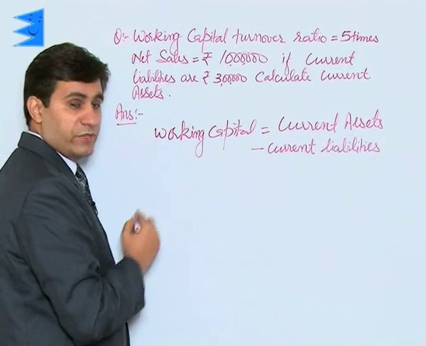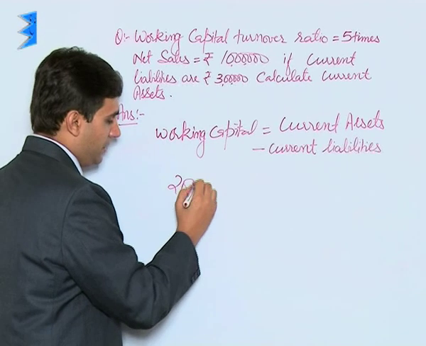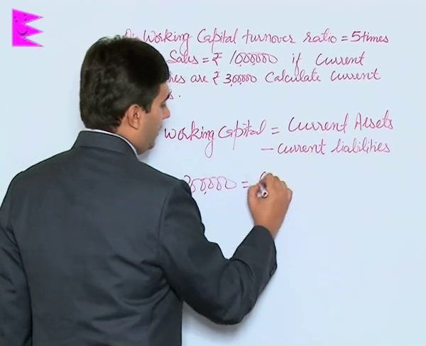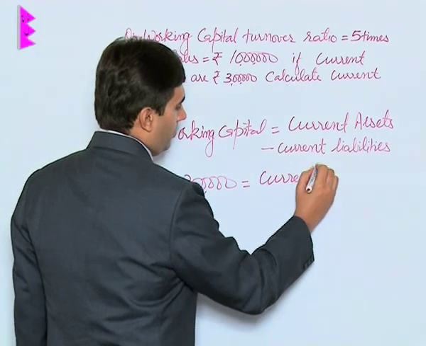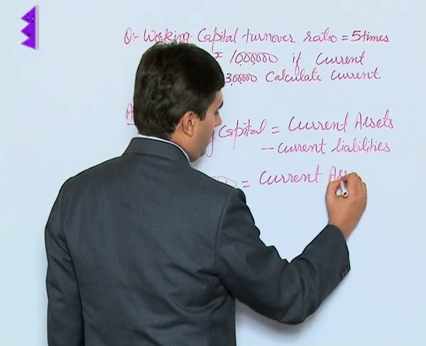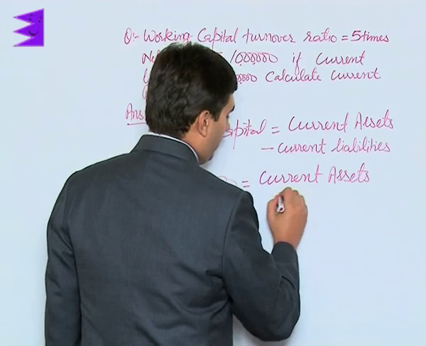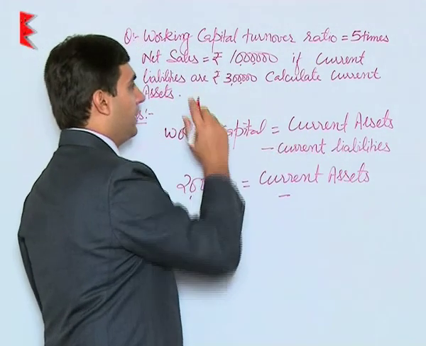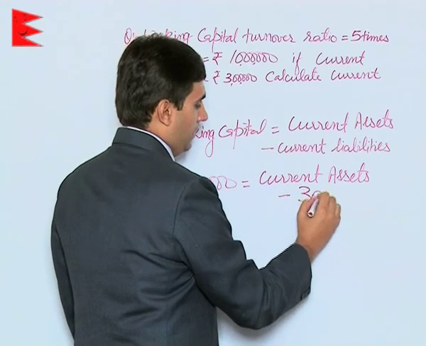Working capital, as we had just calculated, is rupees 2 lakh. This is equal to current assets minus current liabilities, and in this question the current liabilities are given to be rupees 3 lakh.